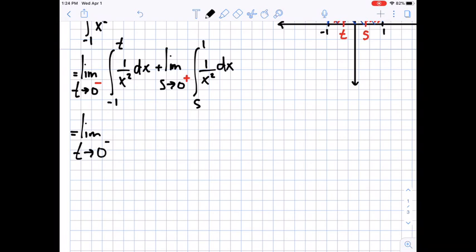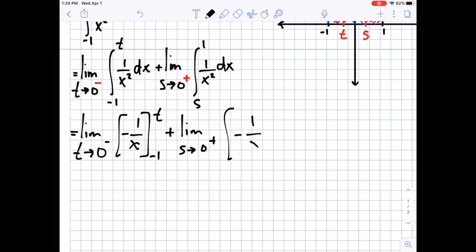One as t approaches 0 from the left, we do our antiderivative, we get -1 over x evaluated from -1 to t, plus our second limit, and here we have -1 over x from s to 1. So we use FTC2, and then we can do our limits.